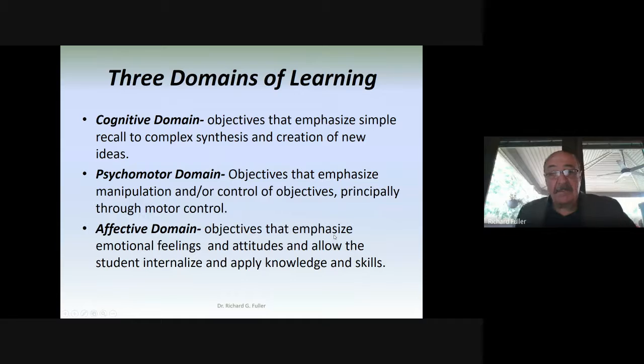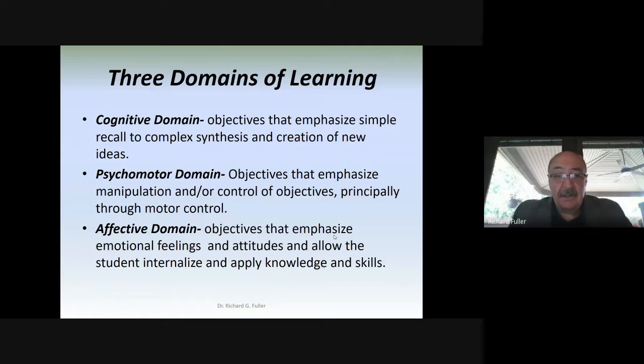All right, so let's talk about Bloom's taxonomy. Now, Benjamin Bloom first developed Bloom's taxonomy back in 1956, and he started off with the cognitive domain. Now, the cognitive domain is dealing with basically knowledge and skills and concepts. Later, early in the 60s, he came up with the psychomotor domain, which is skills, and then worked later in the 60s to the affective domain and realized that there were 3 domains of learning.